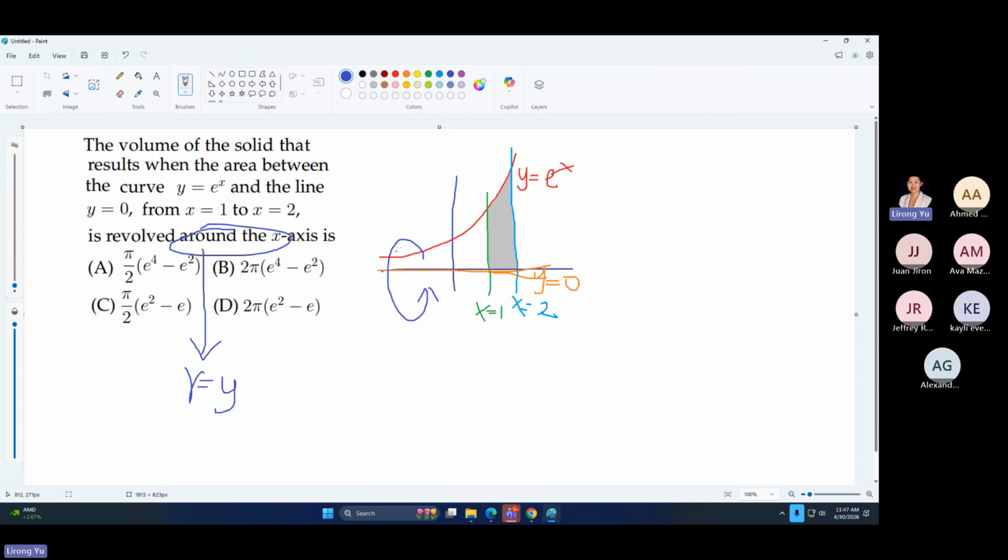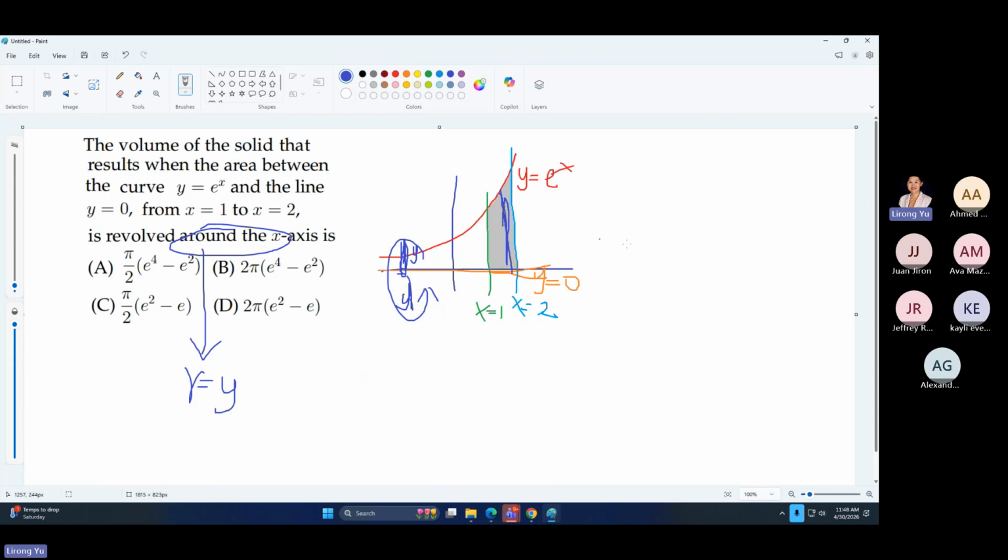This is the center, and this is the radius. Either way, up or down, it's the y value, or another way to say it, the absolute value of the y value. But in the shaded region, the y values are all positive, so we don't have to take the absolute value. All right, so now we have our y value.